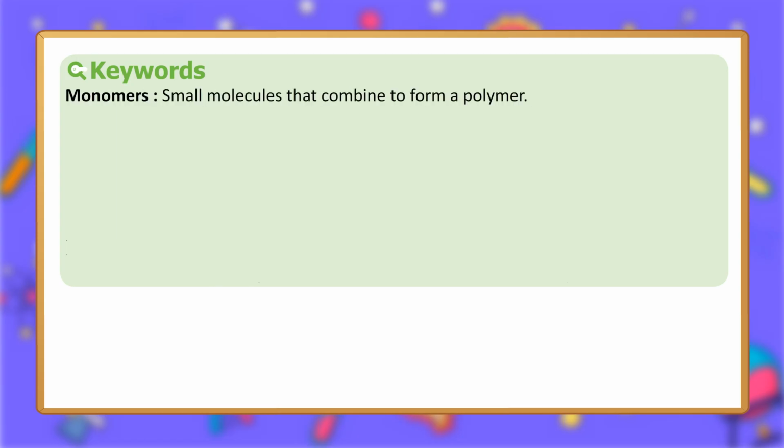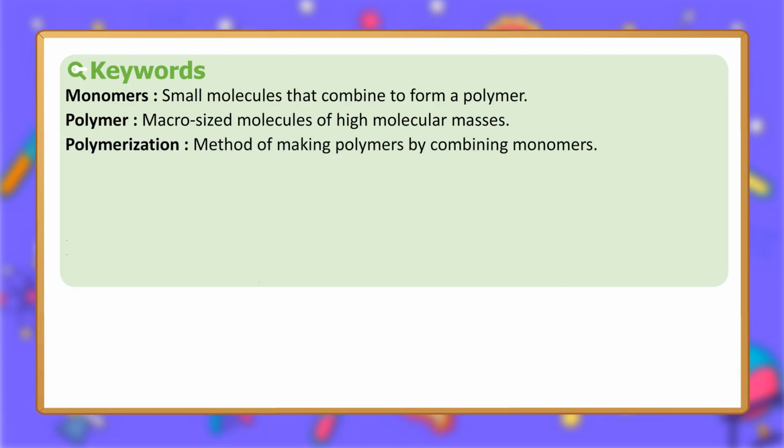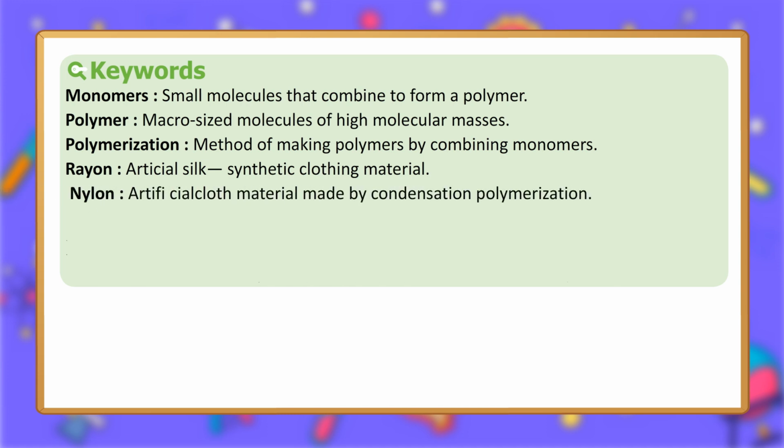Keywords. Monomers: small molecules that combine to form a polymer. Polymer: macro-sized molecules of high molecular masses. Polymerization: method of making polymers by combining monomers. Rayon: artificial silk, synthetic clothing material.